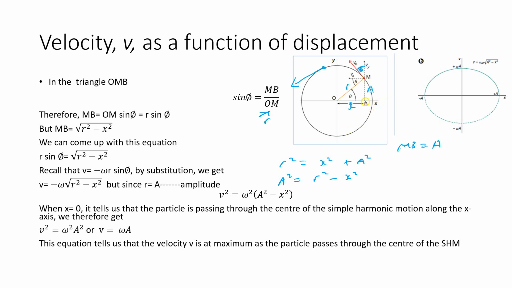So MB is the amplitude. If you look right here, you see that MB is equal to the square root of R squared minus X squared. This is us just deriving this equation.